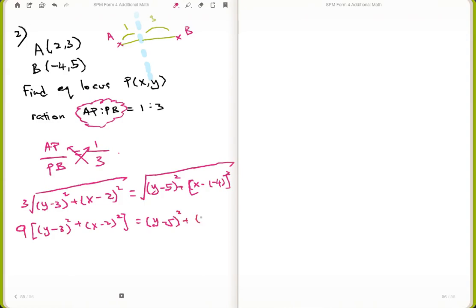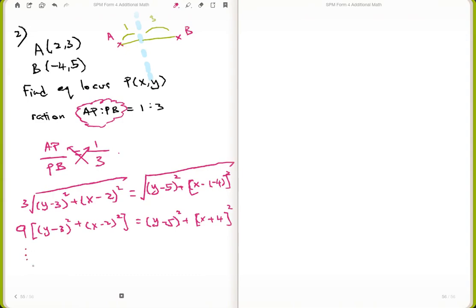This is a crucial part, that's why I'm showing you this, plus 4 squared. Then you simplify it, multiply. This is an expansion, expand both sides, bring everything to the right, rearrange, and you should get this. I mean, you should work on your side.